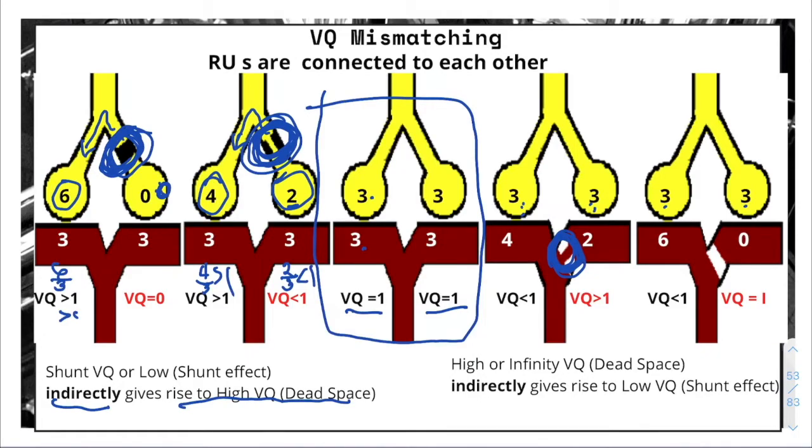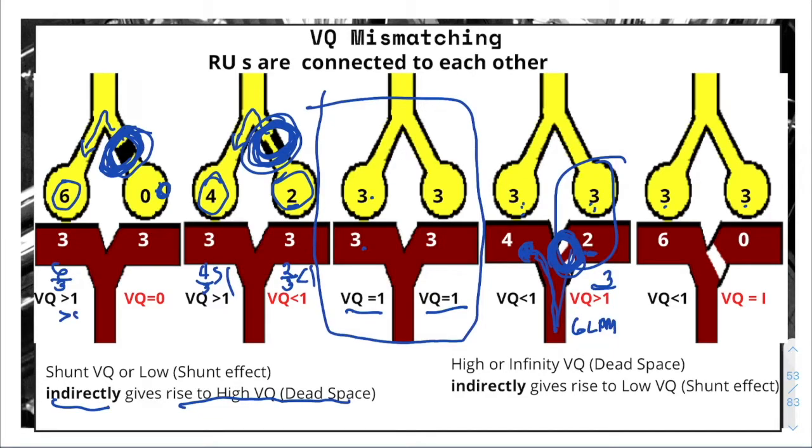If the cardiac output is 6 liters per minute, because of the perfusion problem on one side, this capillary only receives 2 liters of blood. The other liter will go to the other side. So instead of all the 3 liters going on the right, the 1 liter of blood will be diverted to the left side.